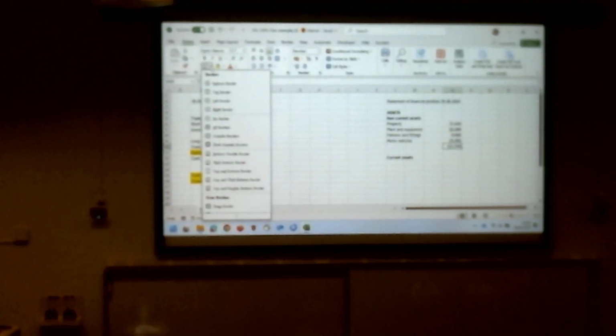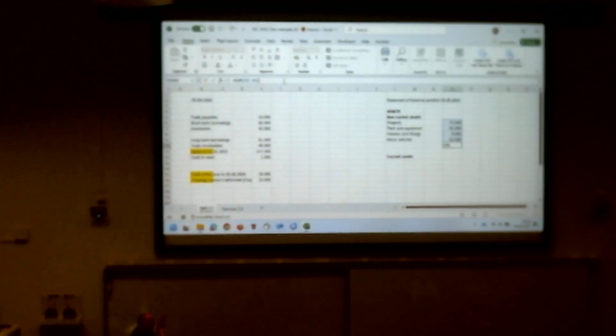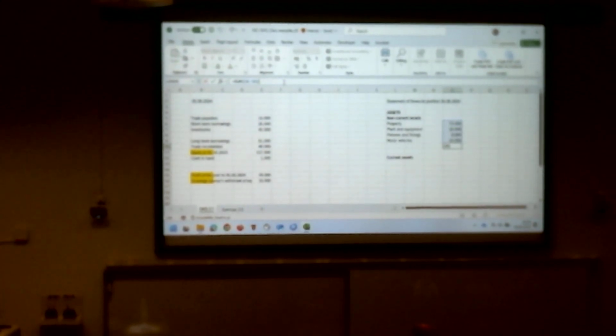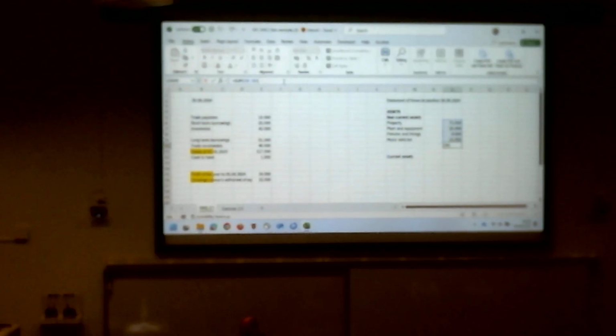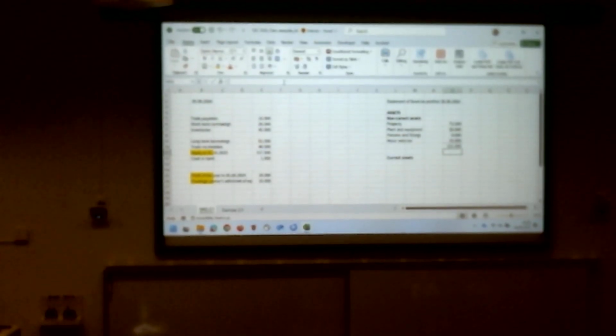It sometimes helps with reading these whole things if you put in these fat lines where the sum is. So all I did now is I sorted, or you helped me sort these non-current assets to the right, and then I take the sum of the non-current assets. Okay, if there's nothing missing, we can go on.